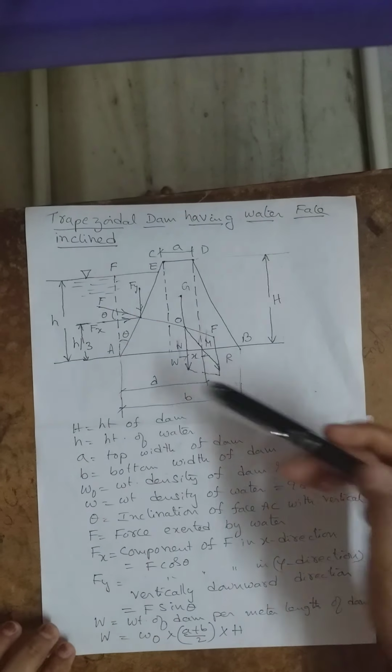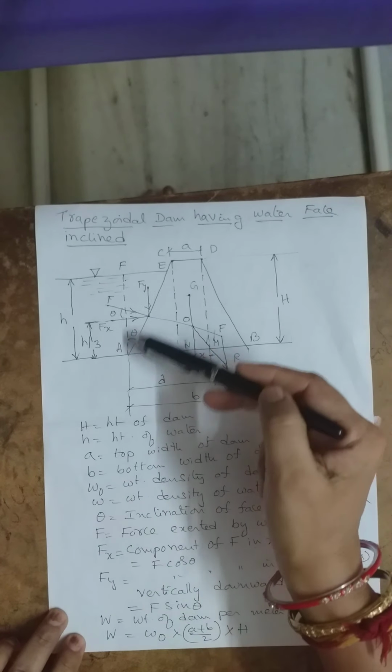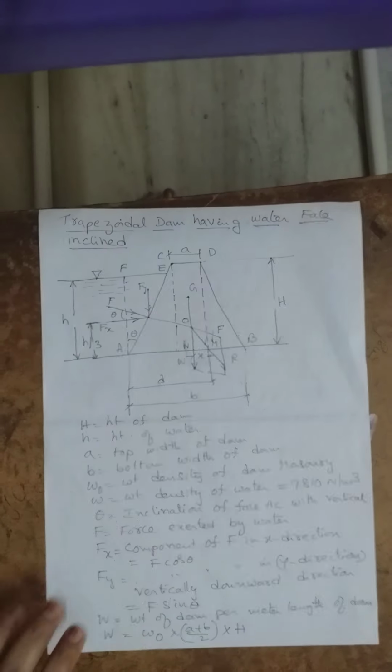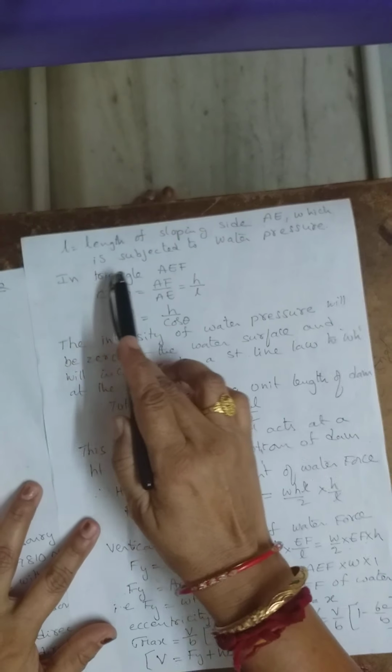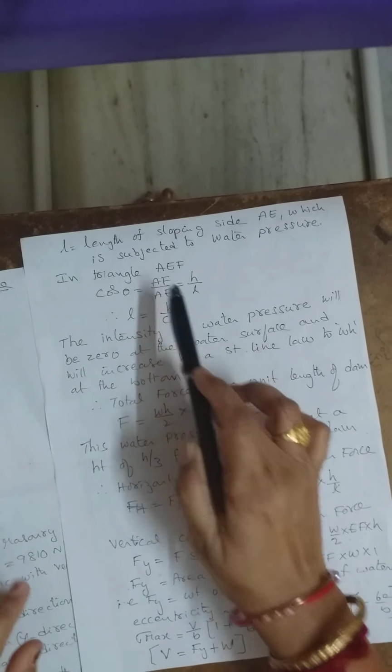Now we also must indicate the length of this inclined face, that is AE. L is the length of the sloping side AE, which is subjected to water pressure.